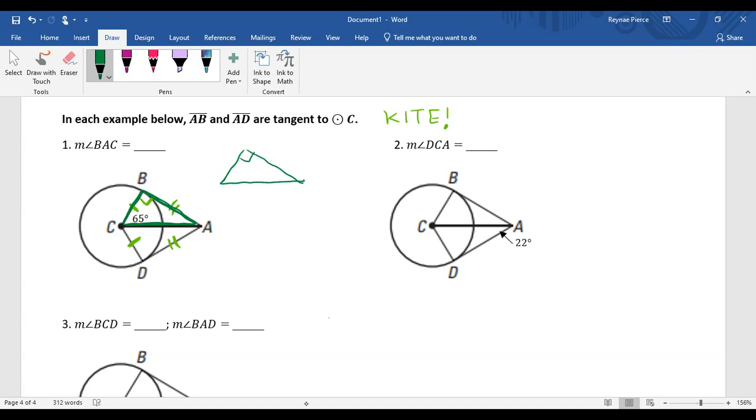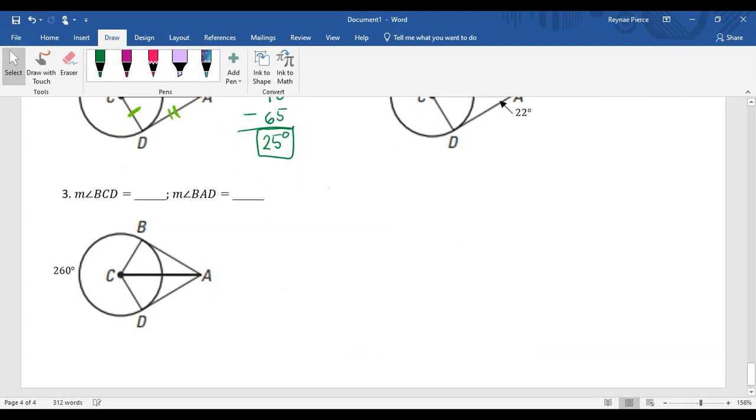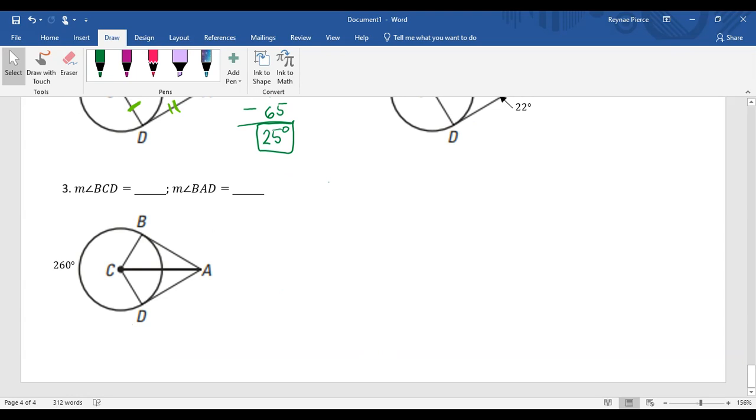If we know angle B is 90 degrees and angle C is 65 degrees, angle BAC is the third angle of that right triangle. So we just need to find the third angle, and that measure is 25 degrees. Examples 2 and 3 are very similar, so try those on your own, and then we will talk about them in class.